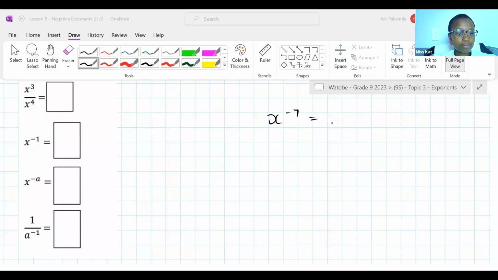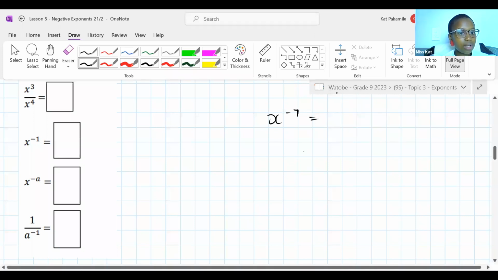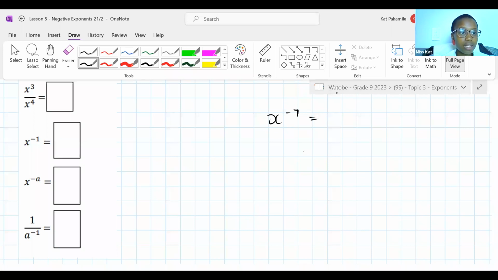Anyone? Someone? Impulses says 1 over x to the 7. Avril and Tammy agree. So this can be written as 1 over x to the positive 7. Incredible, guys. We are understanding it.